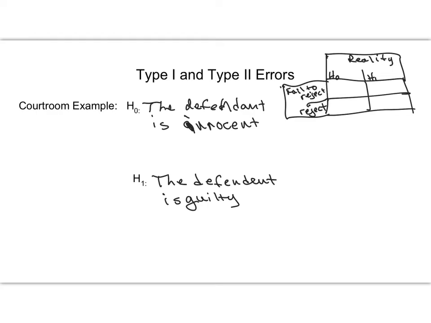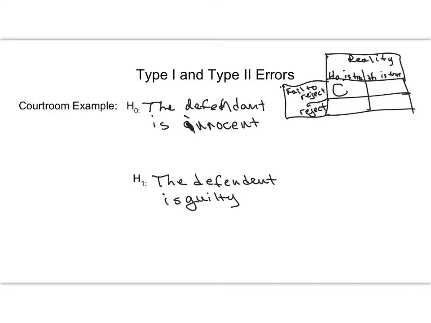All right. So one thing that could happen is that our null hypothesis is true, and we fail to reject. This would be a correct decision. We could have a situation where the defendant is innocent, but we reject that he is innocent and we find him guilty.